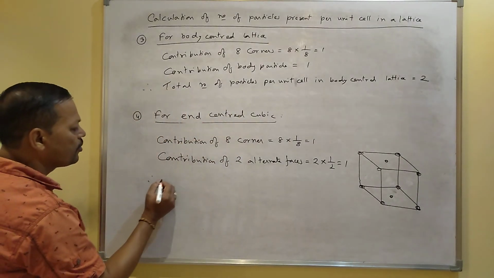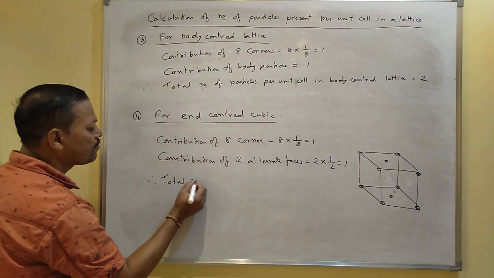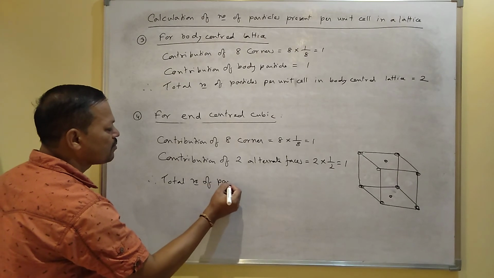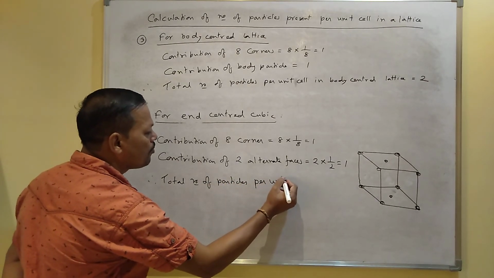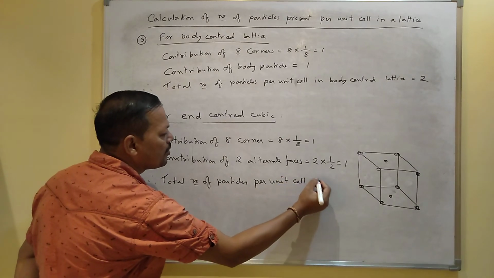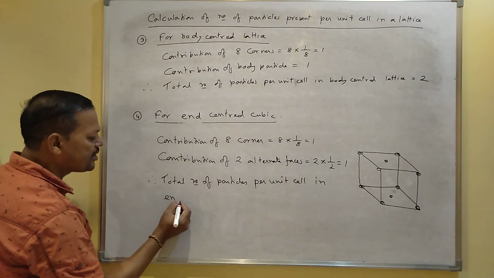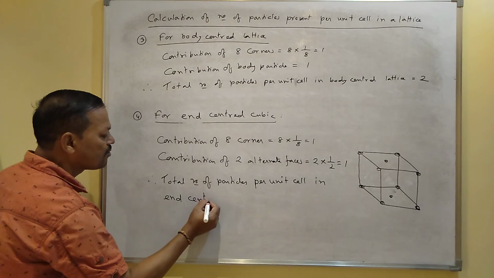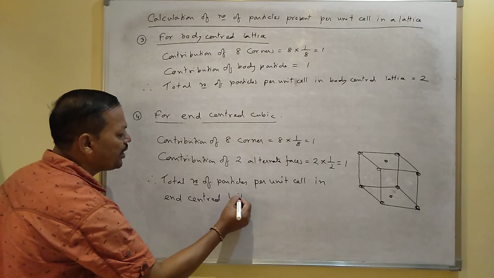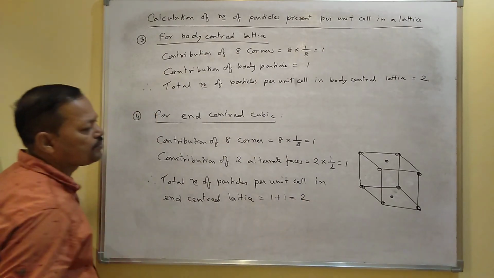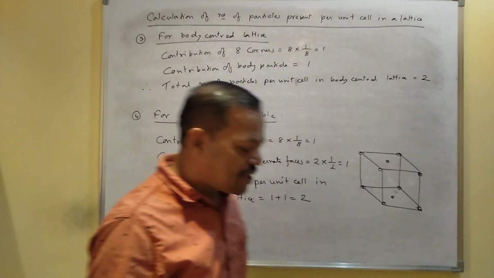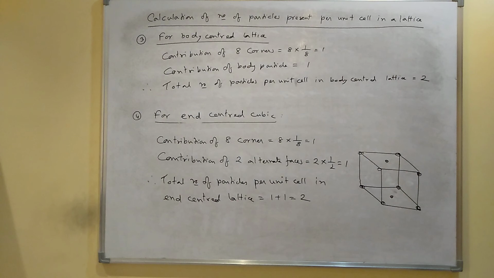Therefore, the total number of particles per unit cell in an end centered lattice is 1 plus 1 equal 2. So this is the process of how to find the number of particles per unit cell in the case of a lattice. Thank you.